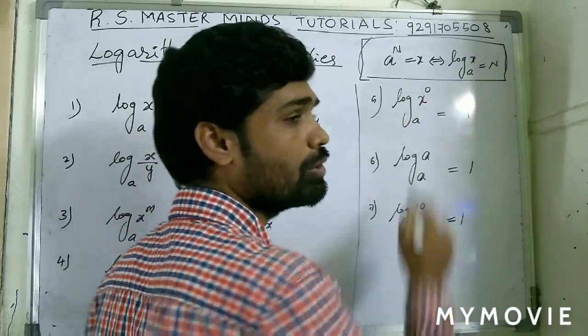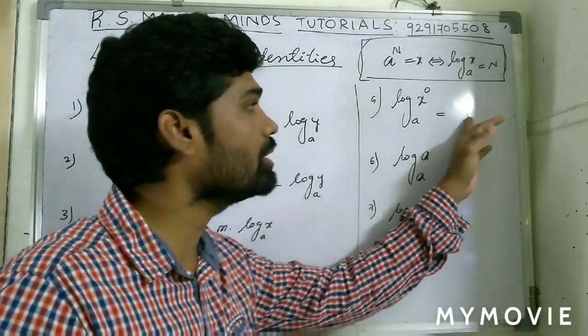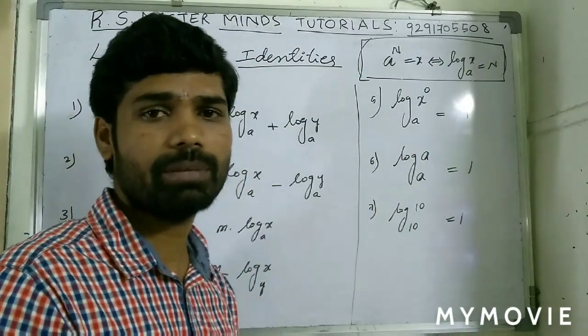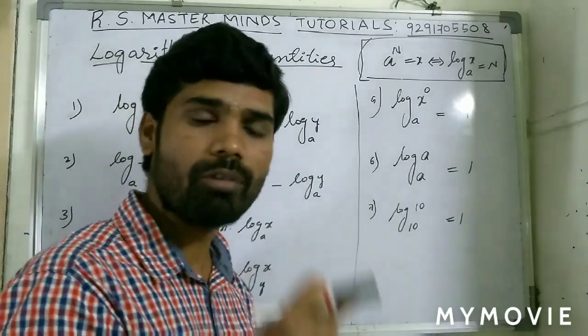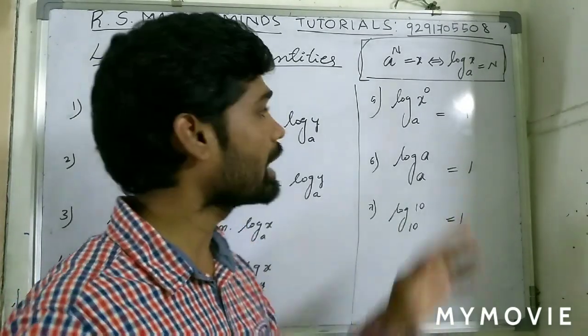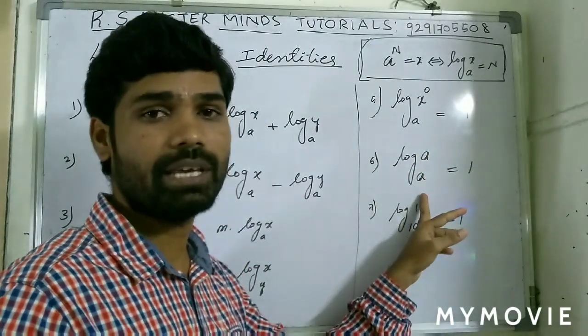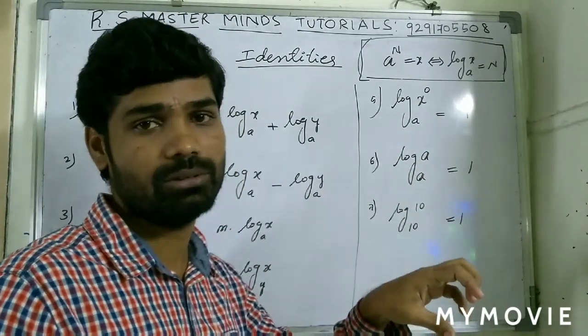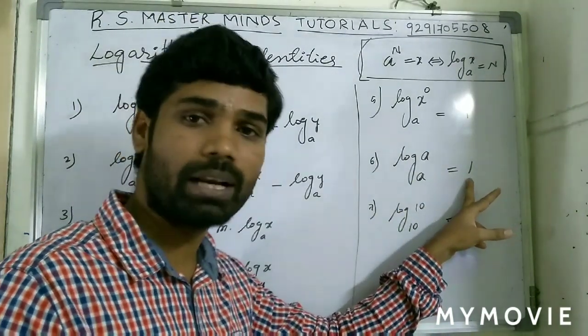Next, log x power 0 means log of any value when it has a power 0, that value is equal to 1. Whatever the power, like log 5 power 0, log 7 power 0, when the log value has the power 0, it can be written as 1. Next, log a to the base a: when the log value and the base value are both the same, the value is also considered as 1, for example log 10 to the base 10.